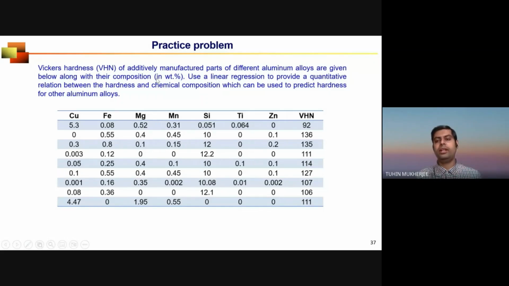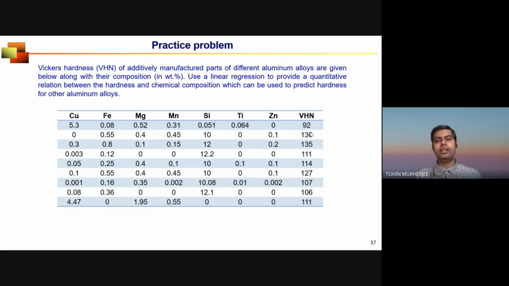In aluminum alloys we use magnesium, zinc, silicon, manganese, titanium to change the chemical composition in such a way that we can get very good mechanical properties. So I have listed here, for several different aluminum alloys, the chemical composition and corresponding average Vickers hardness values.